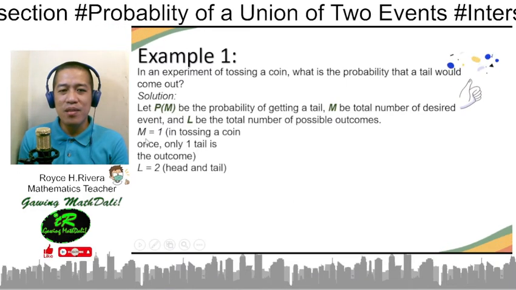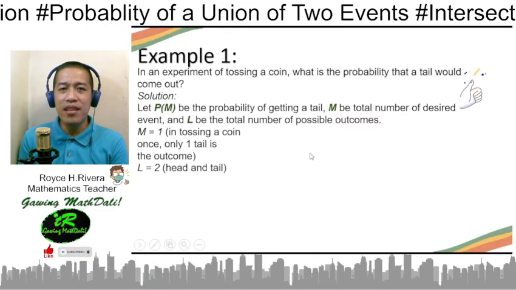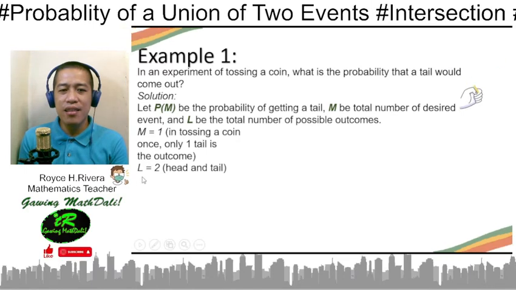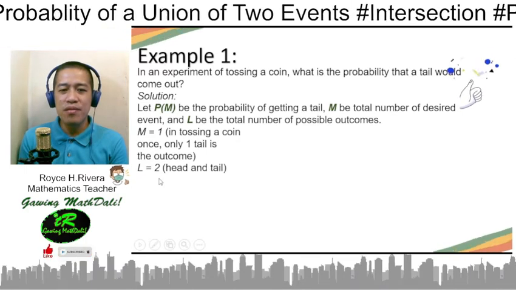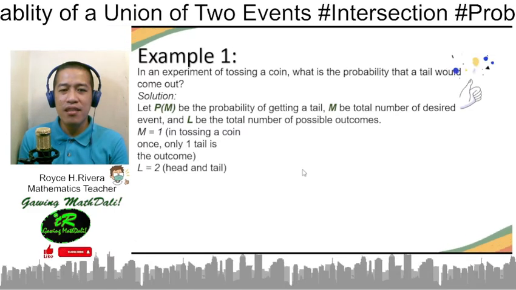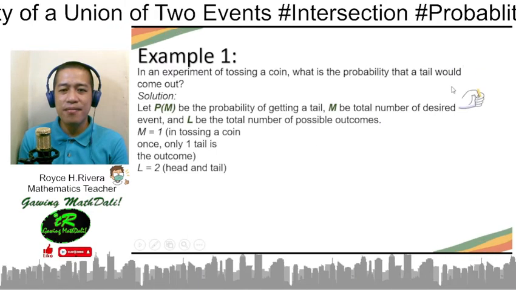M is equal to 1 since in tossing a coin once, only one tail is the outcome. L is equal to 2 because the total possible outcomes are head and tails.